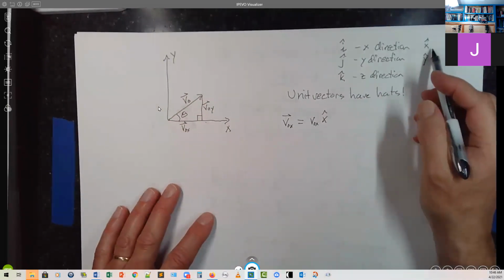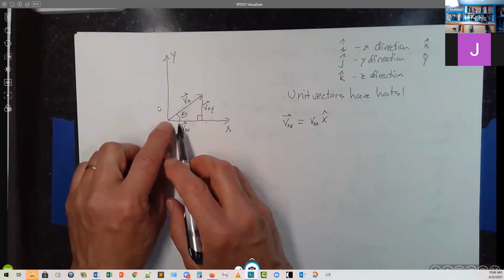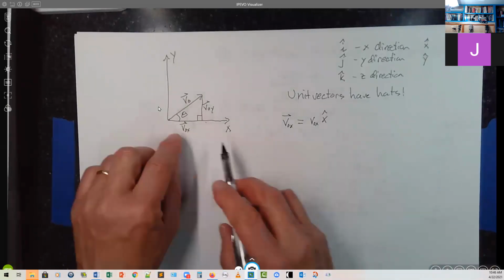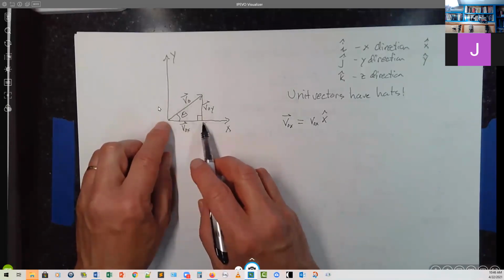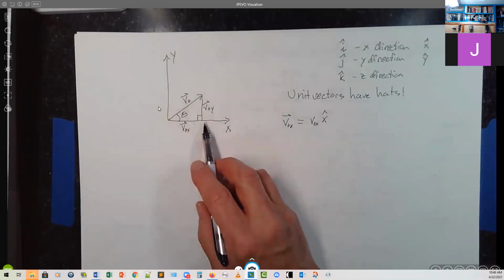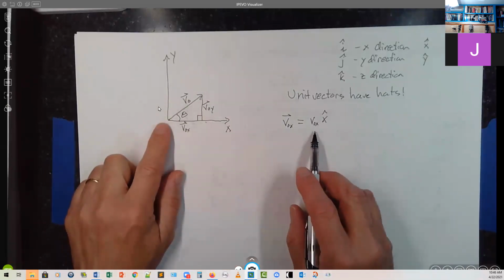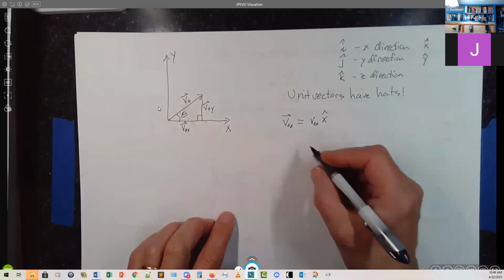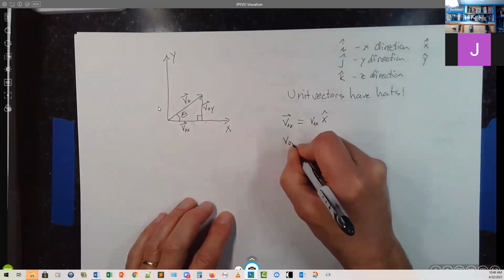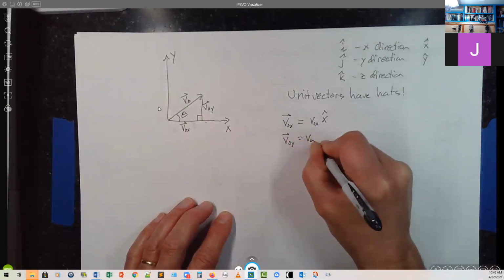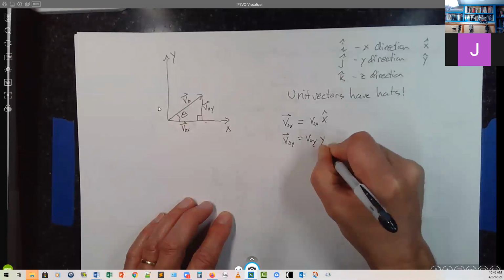Okay, this x hat is just going to be something with a length of 1. When I multiply it by v naught x, it will become a vector that has a magnitude of v naught cosine theta, and it points in the x direction. V naught y is similarly going to be something that has a magnitude of v naught y in the y hat direction.